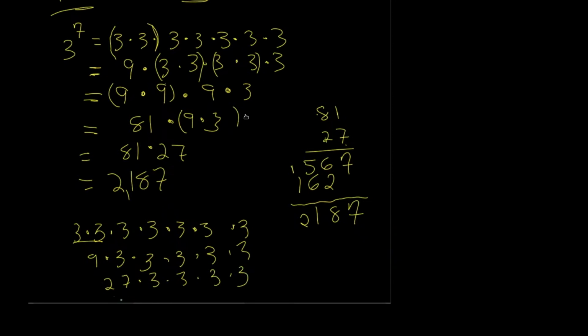And then they'll do 27 times 3 and get 81. And they'll do 81 times, and they'll keep working their way through. That rule of association lets us put it into numbers that are a little bit quicker to calculate. But both will give you the same answer.